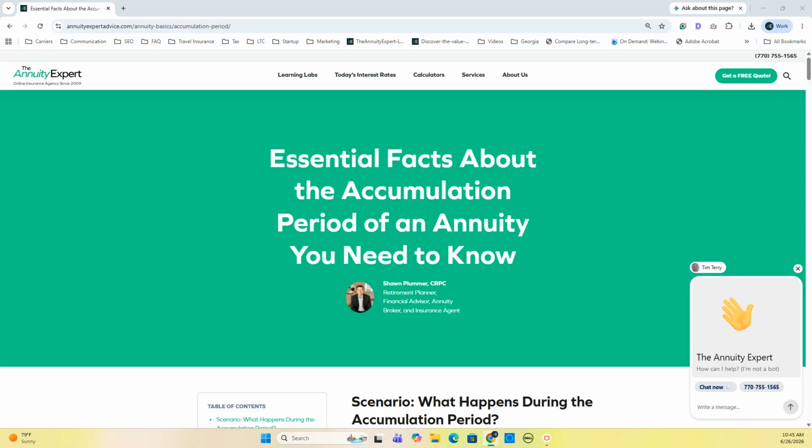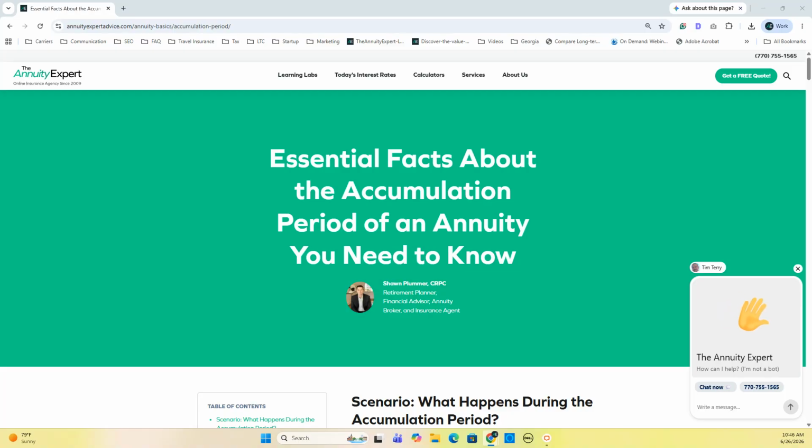What other things should you know? All of these, the MIGA, the fixed index annuity, the variable annuity, are tax-deferred annuities, which means they follow the IRS tax laws. So when you're taking income out, make sure you're over the age of 59 and a half and understand that it's going to be taxed as ordinary income.